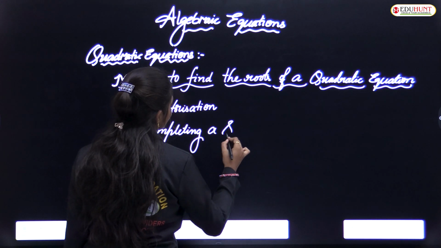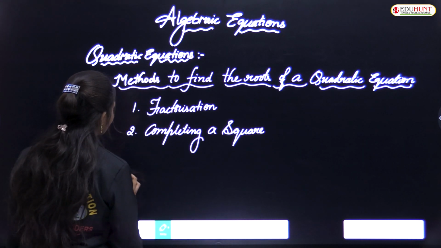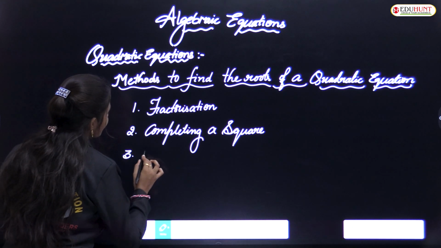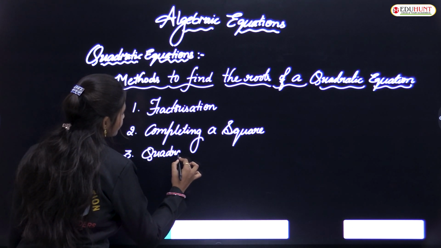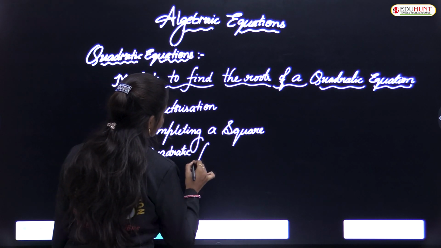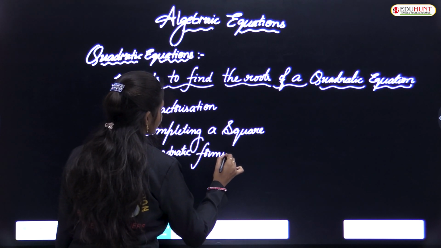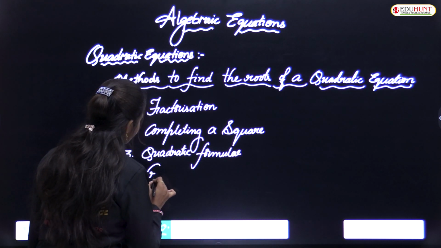Completing a square method. Next one is by using the quadratic formula. And the next one is the graphical method.